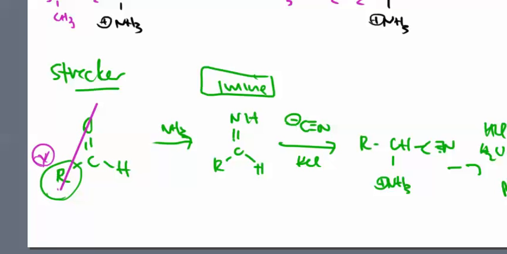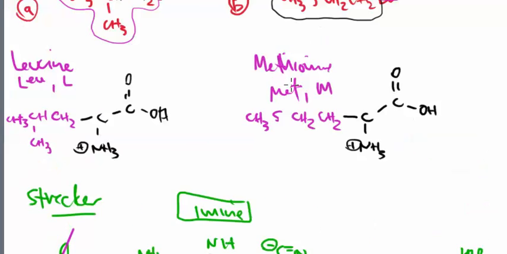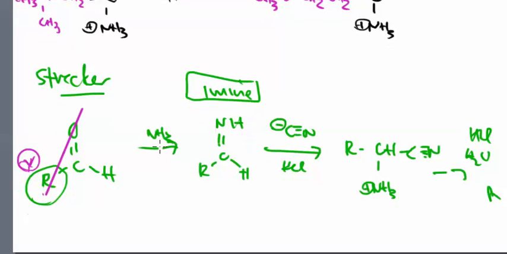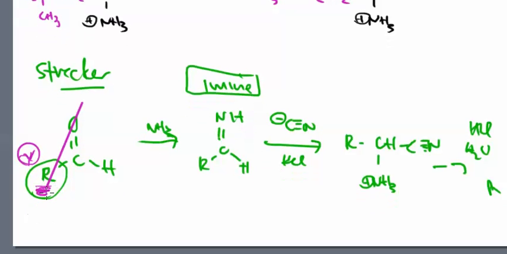If I want to make methionine, if I go up and take a look, methionine was a CH2, CH2S, and a CH3 group. So I want to make sure that that group is here for the R position, because that is what will carry over through the entire reaction and give me the ending amino acid that I'm after. So that's the Strecker synthesis.